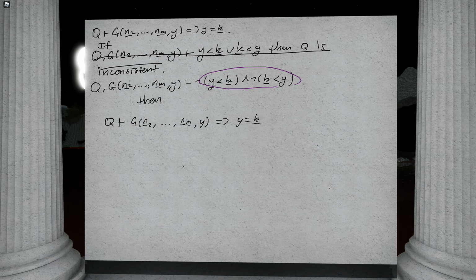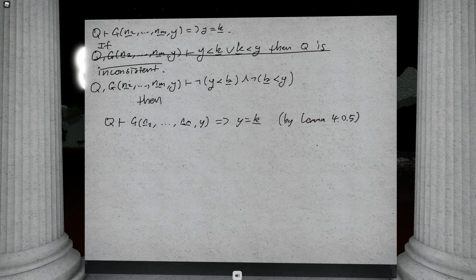Is that straightforward, or is there something sneaky? It's just using the trichotomy axiom that I didn't prove, but insisted was provable. By lemma 4.0.5, under no hypothesis whatsoever, Q can prove that Y is less than K underline, or Y is equal to K underline, or K underline is less than Y.